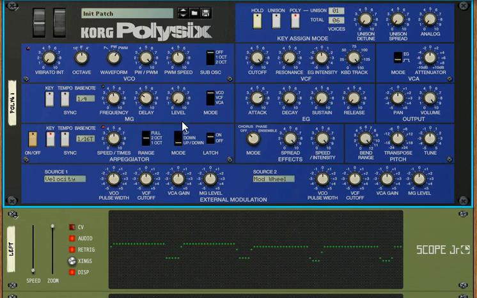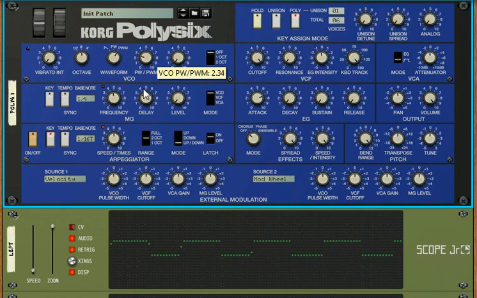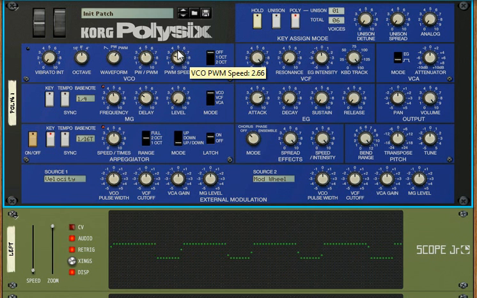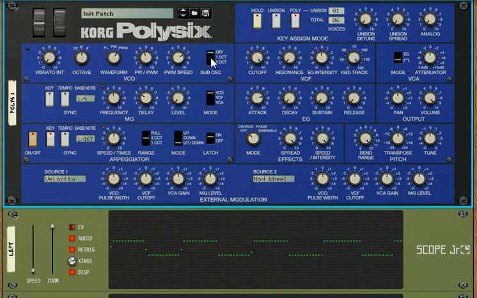So if I add pulse width modulation, you can see that the width is being modulated. What I'm doing is changing the pulse width over time, and that's regulated by this oscillator here. So the higher this is set, the faster that wave is modulated. So they're the three main settings of the oscillator.